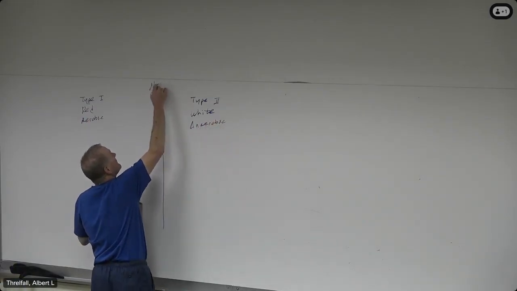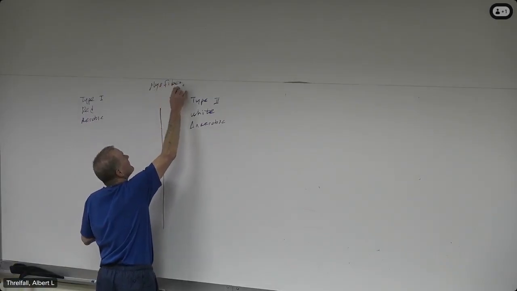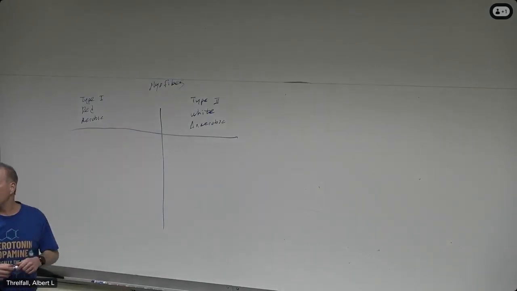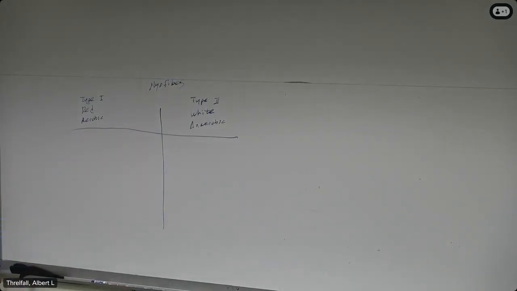These are muscle fibers. All three names mean something. When we call them red and white, the red is dark, the white is white. Aerobic, anaerobic: the red fibers use energy system number 3 primarily, the aerobic system. The white fibers use energy system number 2, the glycogen lactate system.